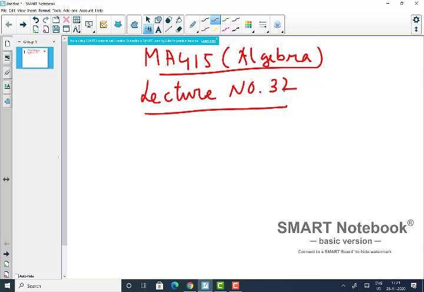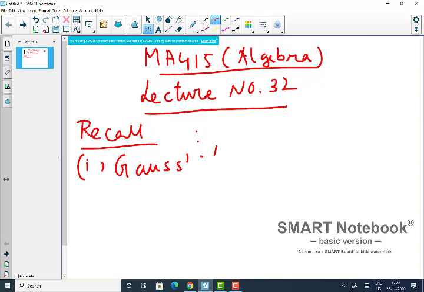Okay, now recall in our last lectures we discussed this important idea of Gauss lemma. Gauss lemma tells you about the relationship between factorization of a polynomial over a unique factorization domain and over its field of fractions.